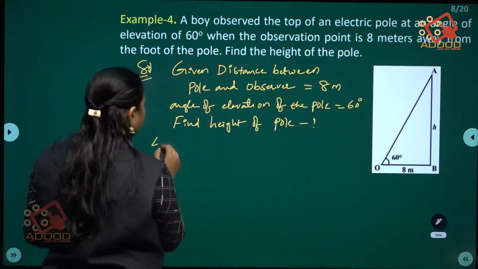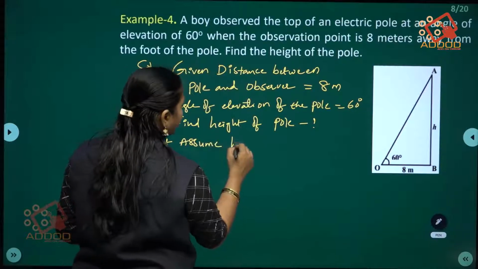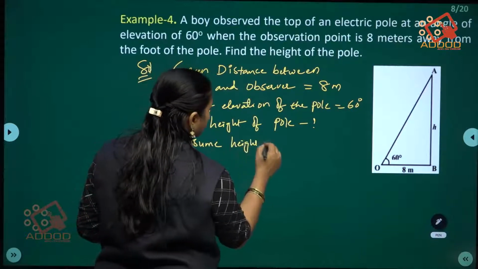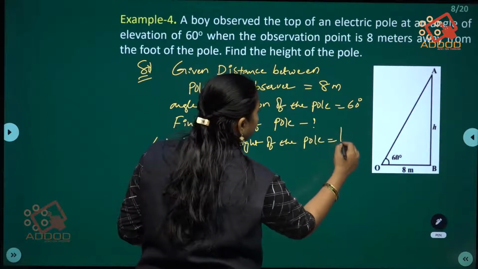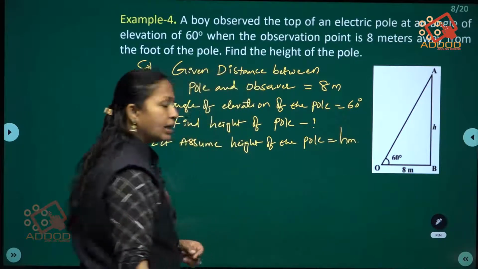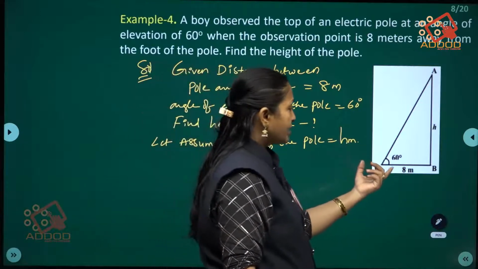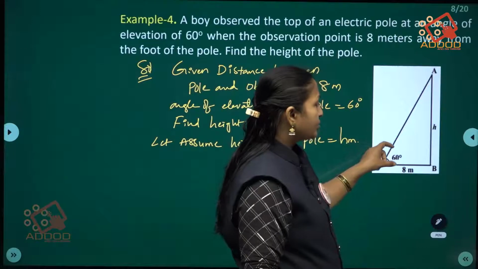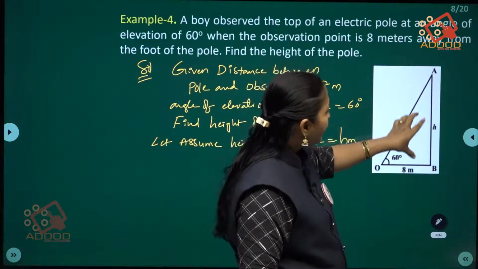So let us assume height of the pole is equal to h meters. Height of the pole is h meters. Now we know one side of the triangle and one angle. So based on that, now try to find AB.